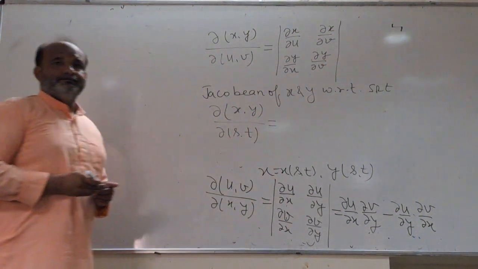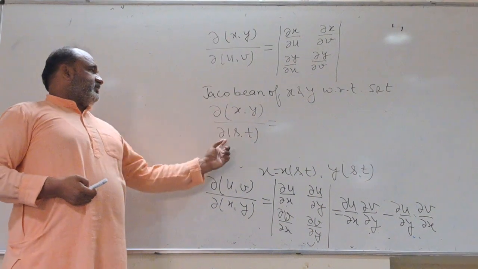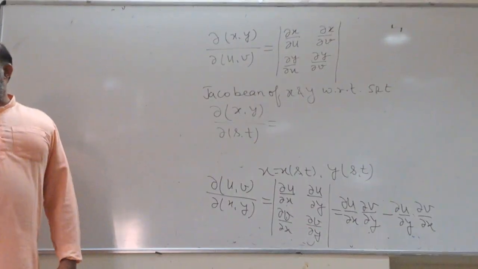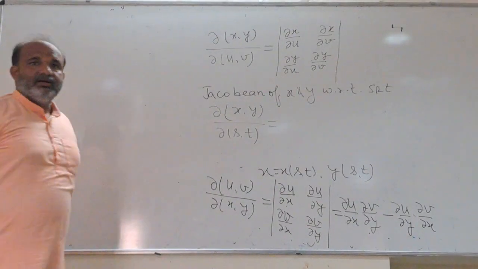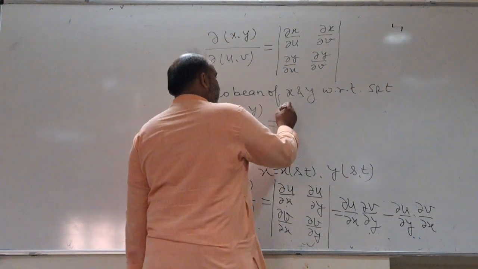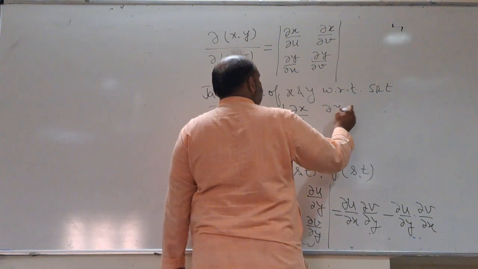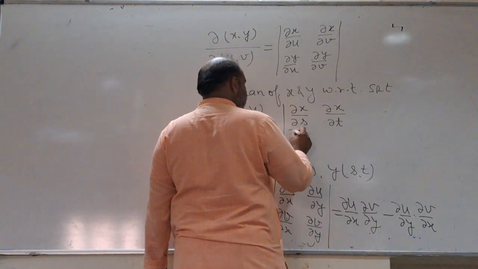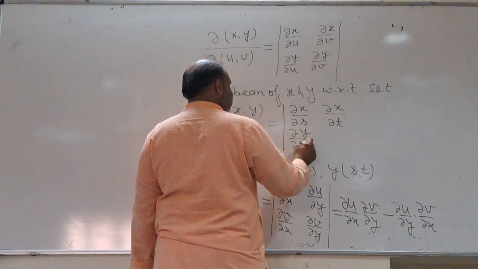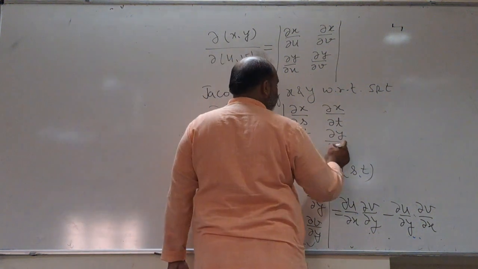Is it okay? So this will be again the determinant of del x over del s and del x over del t, and del y over del s and del y over del t.